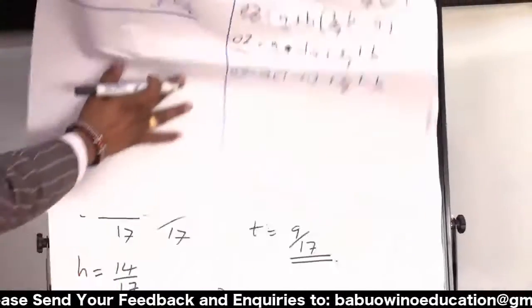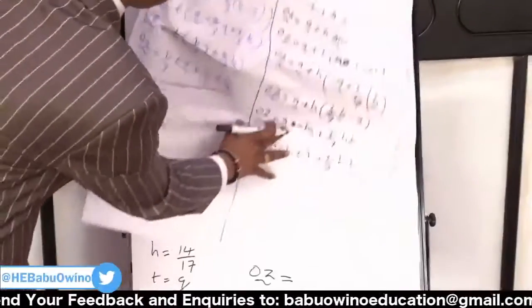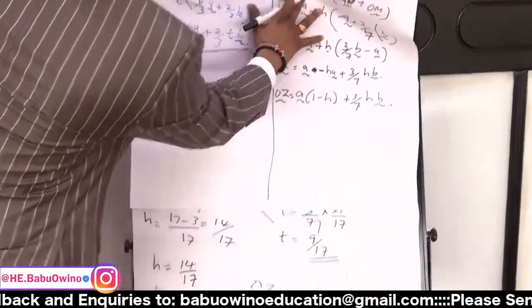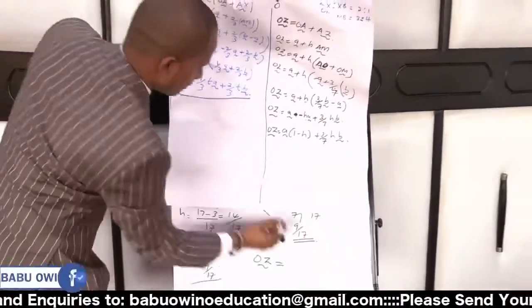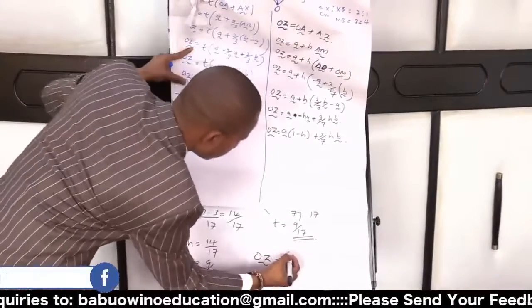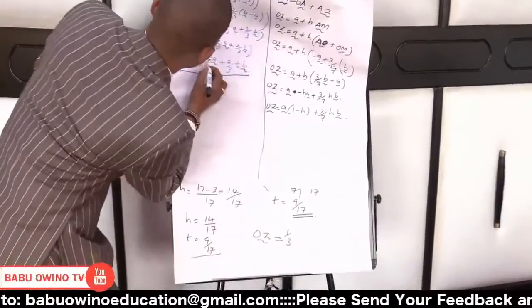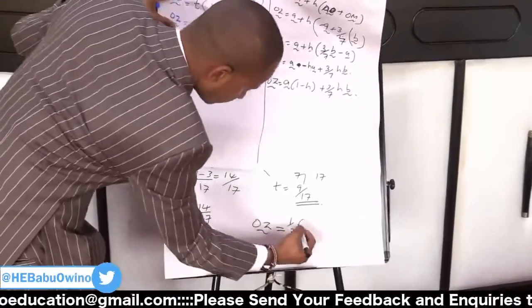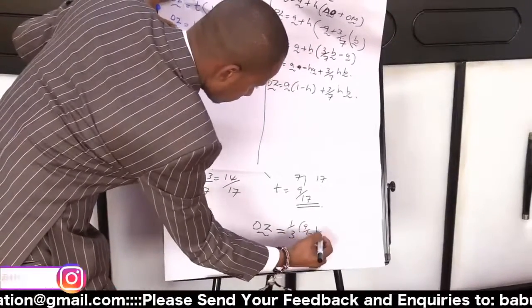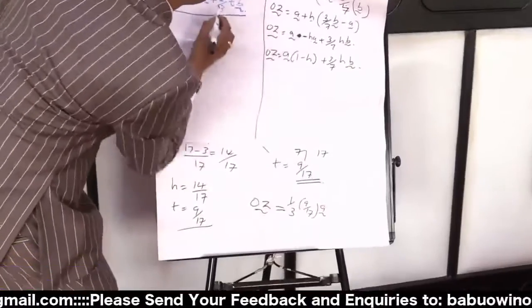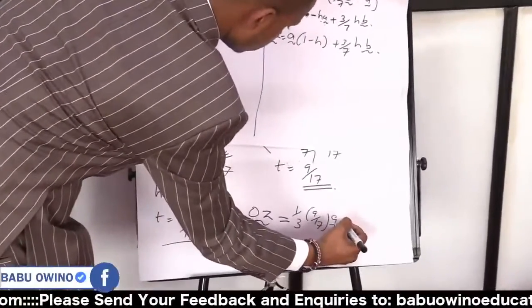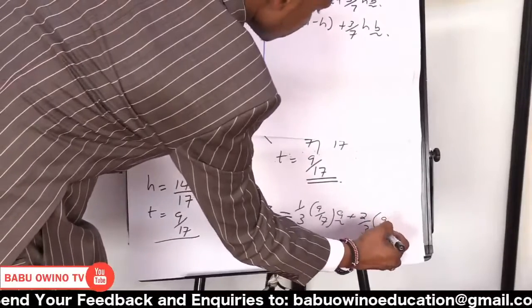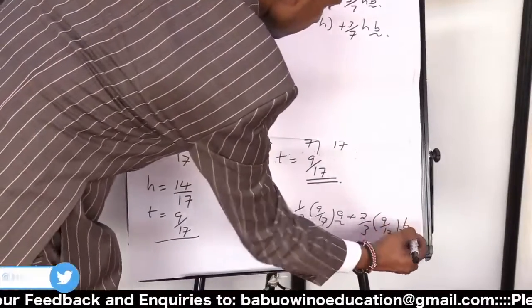Therefore, from here, OZ equals a third of TA, but our t is 9 over 17 of A plus 2 over 3 of our t, which is 9 over 17, of B.